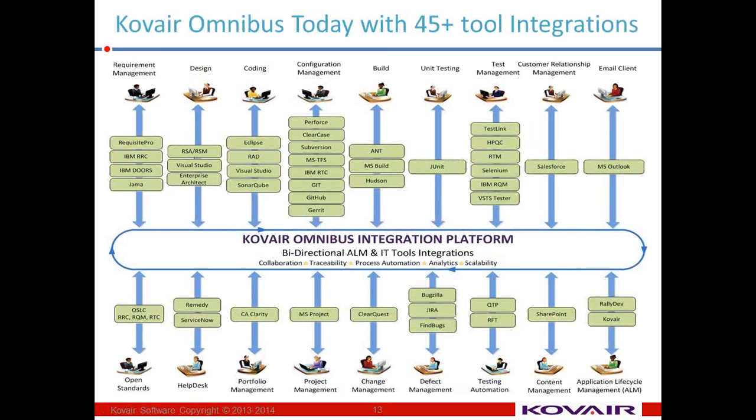This is the current Coveware scenario where we are supporting 45 plus tool integrations, and if you look carefully, there are integrations available for all the different silos of software development or application lifecycle management, so Requisite Pro, RRC for requirements management, and also some tools like SonarQube, which are used to generate real-time metrics from the code, and also static analysis tools like FindBugs, FXCop.